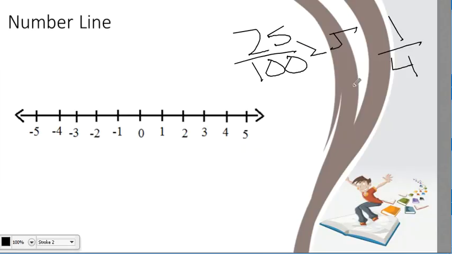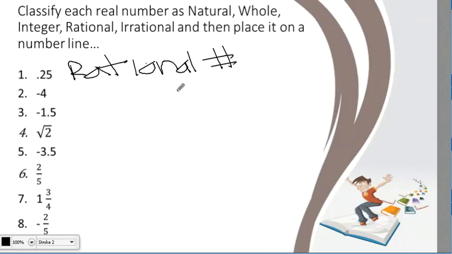So 25 hundredths is the same as 1/4. So if I go from 0 to 1 and I divide this into 4 pieces, we know that 1/4 is the same as 0.25, so it would go right there on my number line. So 0.25 is a rational number, and we just placed it on the number line.